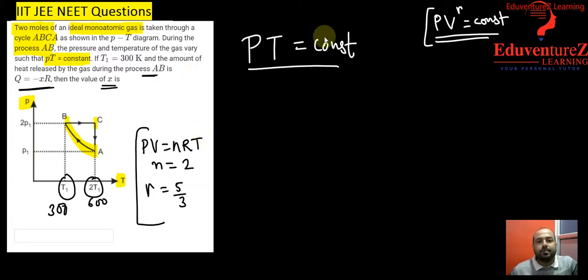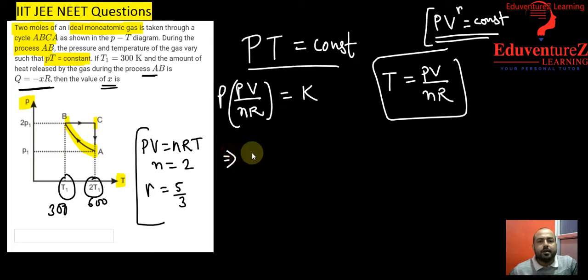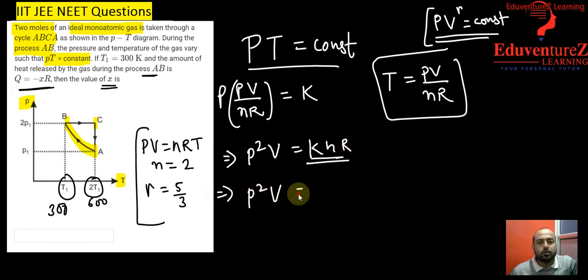Using PV equal to nRT, we can write T as PV upon nR. So P into T is P squared V upon nR, which is a constant. Suppose the constant is K. Now this becomes P squared V equals K nR, and all these three terms are constant, so P squared V is also a constant term.